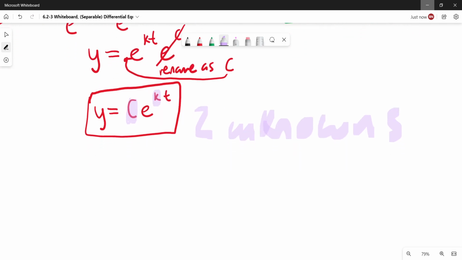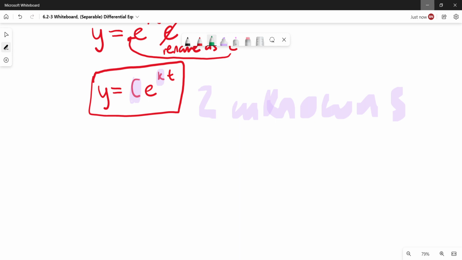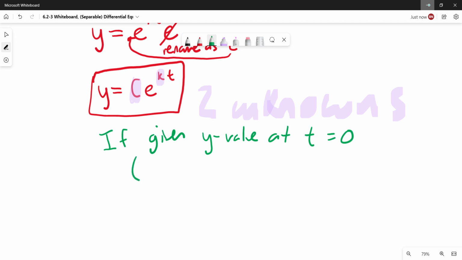So if you know the initial value of Y at T equals 0, that's the data point 0 comma, let's call it Y0, sub-0, whatever.